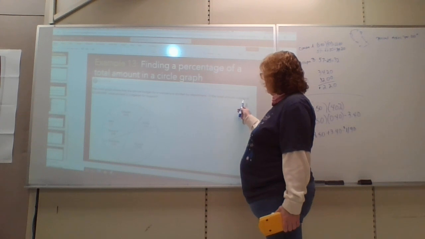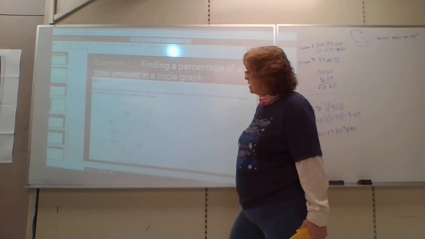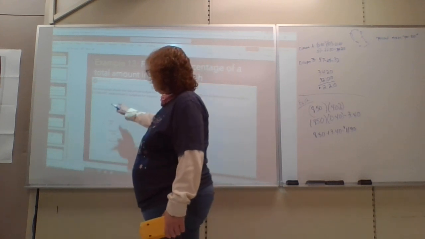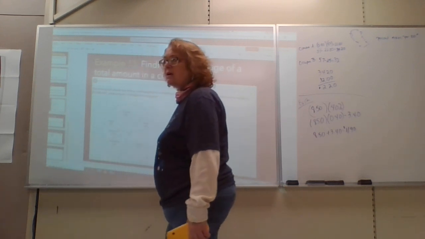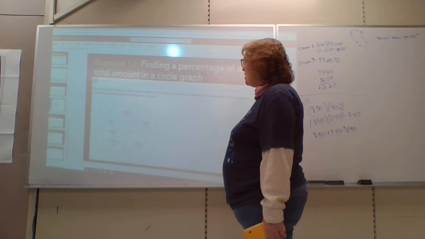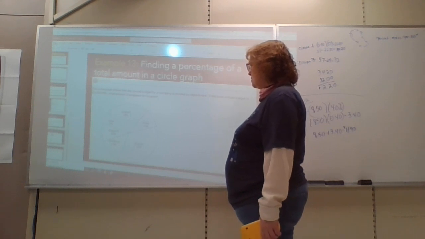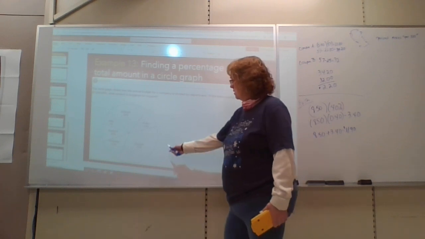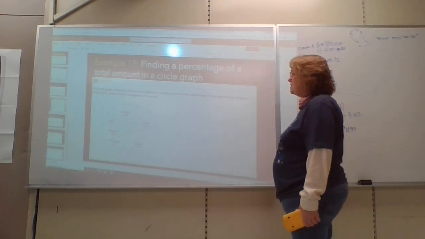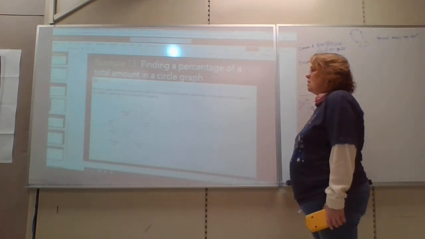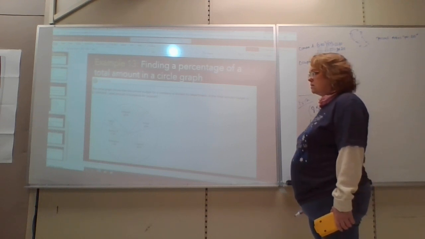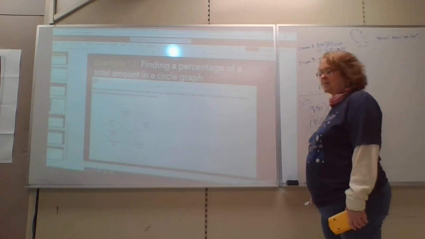If the total annual budget is 5 million, what is the budget for support? What do you see where support is? 36%. So how am I gonna find the amount budgeted for support? 5 million times 0.36. Yes, that is correct.